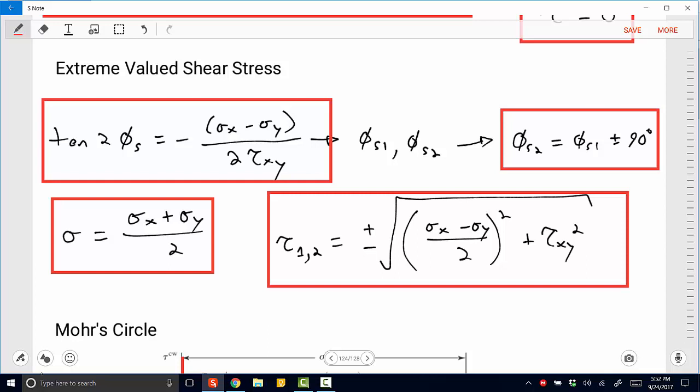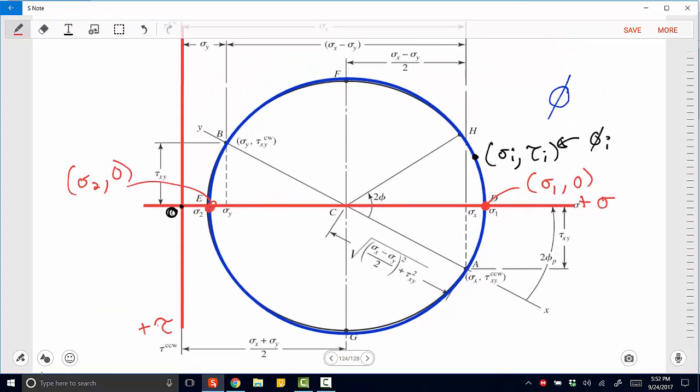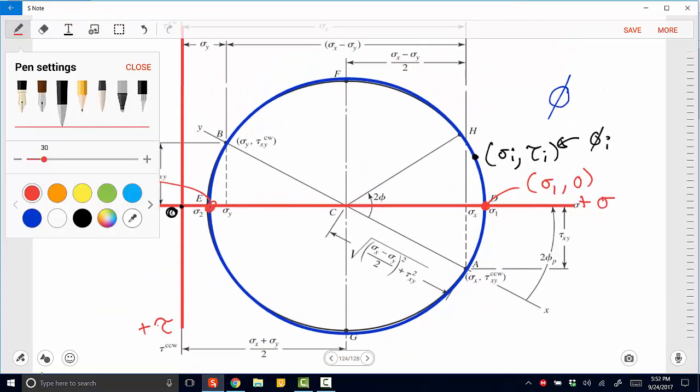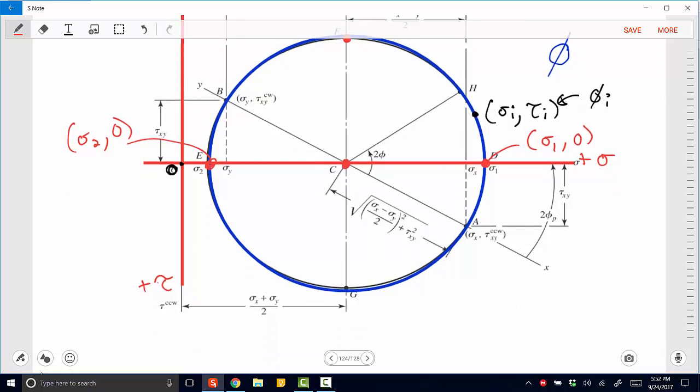So if these tau 1 and tau 2 have the same normal stress, then when we go down and look at a little diagram here, we're going to find that they have the same value of normal stress and equal and opposite values of shear stress, meaning the plus minus term in tau 1 and tau 2.